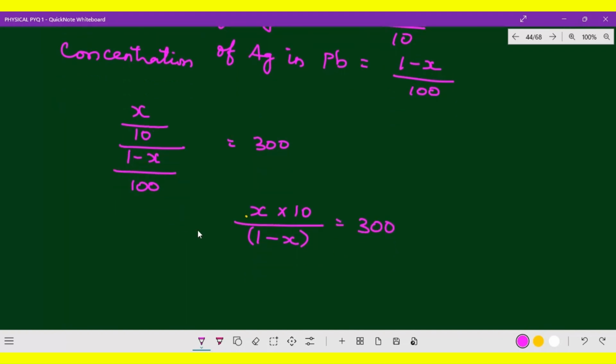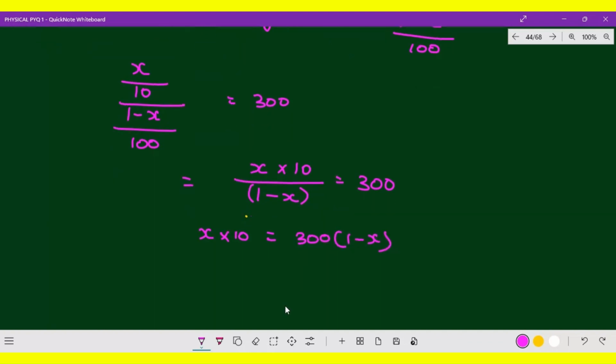Now come on, let us find out this, let us calculate this. So x into 10 equals 300 into 1 minus x. So x into 10 equals 300 minus 300x.